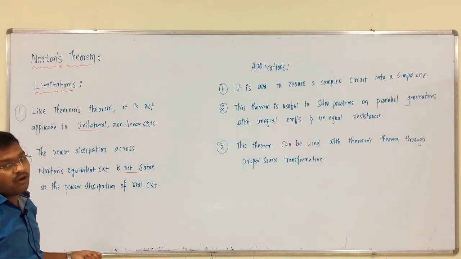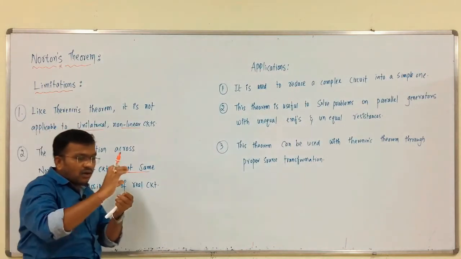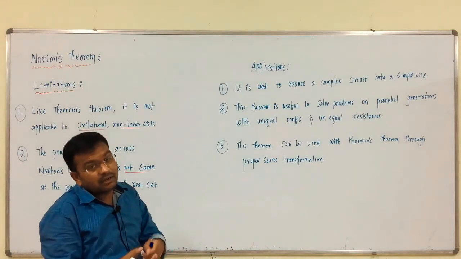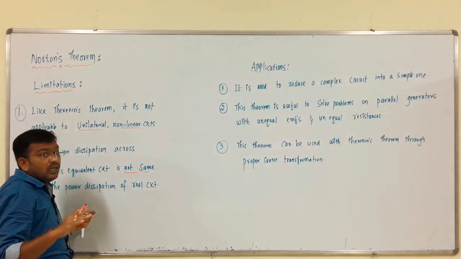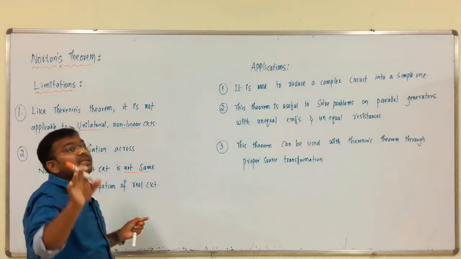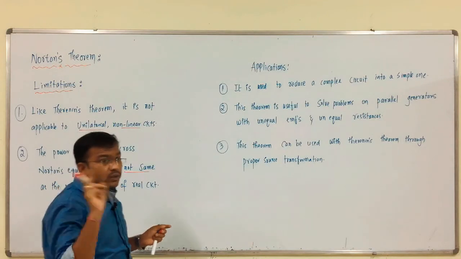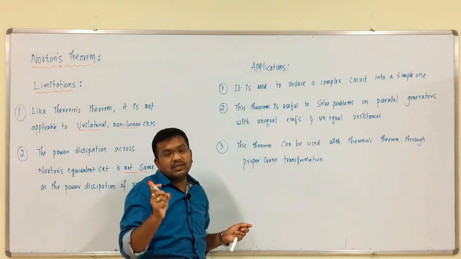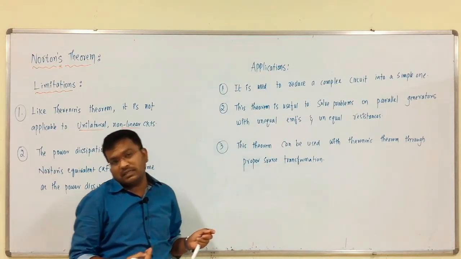Those theorems are mutually transferable. So, the power dissipation across the load should equal the power dissipation of Norton's equivalent circuit, but the power dissipation of Norton's equivalent circuit is not equal to that of the real circuit. If we have any doubt, go through the observations of Thevenin's theorem.